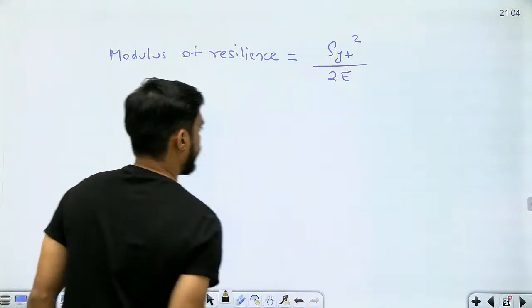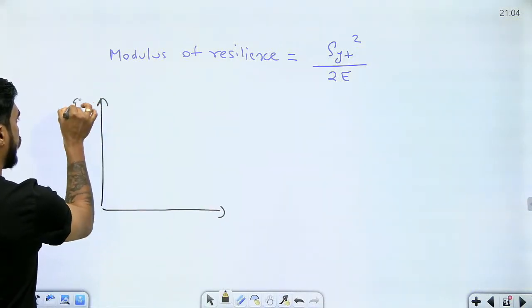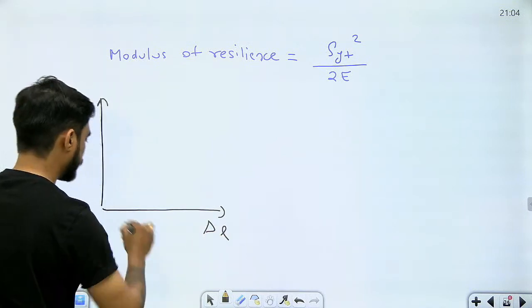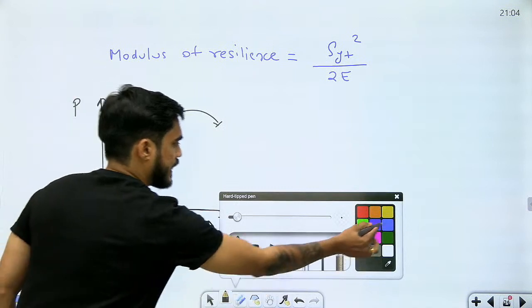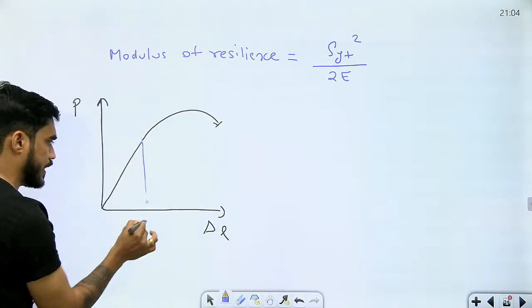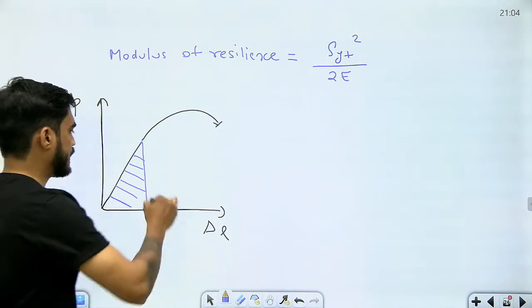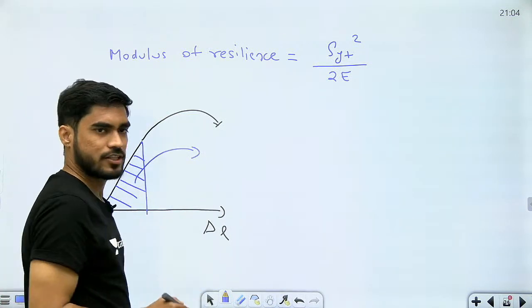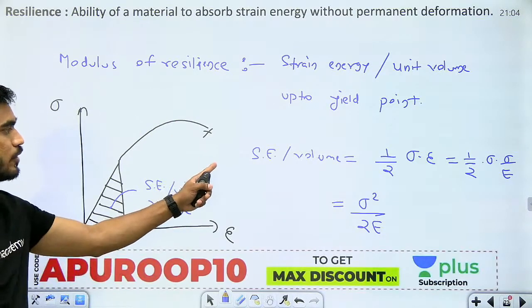Now beta, understand this. Sometimes, instead of stress strain curve, you will have load deflection curve. So if the load deflection curve is given, then the area under the curve is known as strain energy, not strain energy per unit volume.